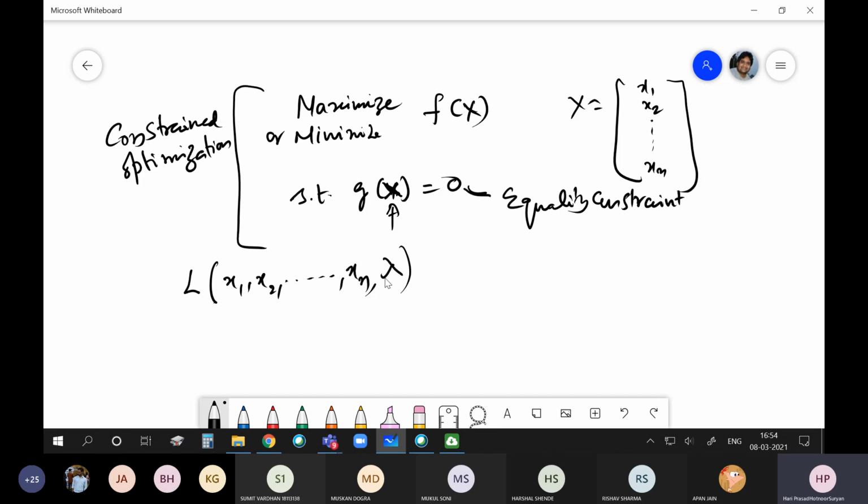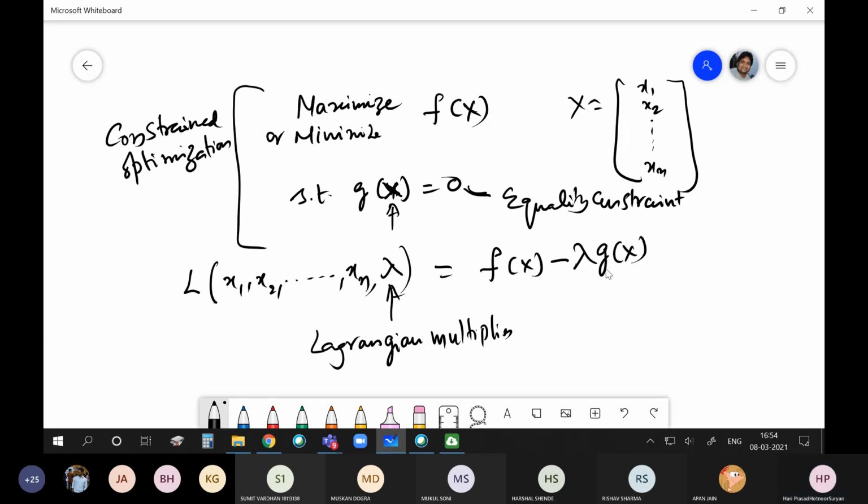That is a totally different aspect; this lambda is called the Lagrangian multiplier. We define the Lagrangian as f of x minus lambda times g of x.